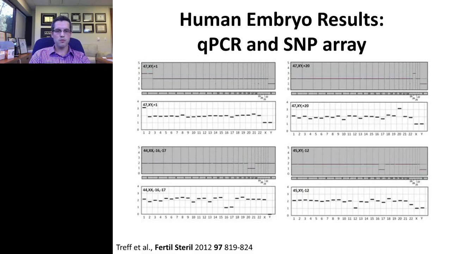So to try to control for that when testing the validity of an assay, we really focused here on embryos which had two consistent diagnoses from two different biopsies using SNP array technology. We then rebiopsied those same embryos and evaluated them for consistency using qPCR. Again, to try to eliminate the biological variation from assessing the variation of the assay itself.